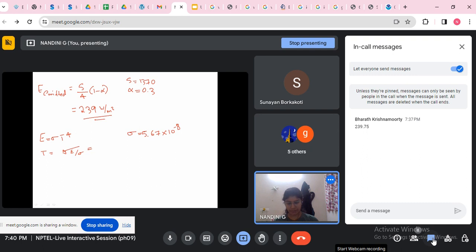E is basically 239, the value we just calculated, divided by sigma, that's 5.67 into 10 raised to minus 8.